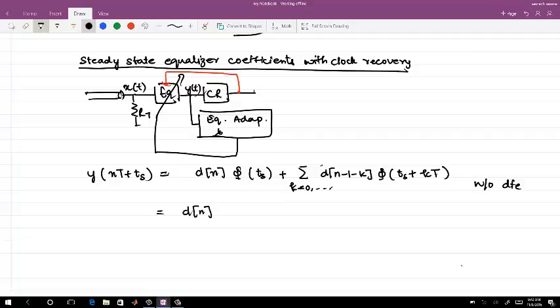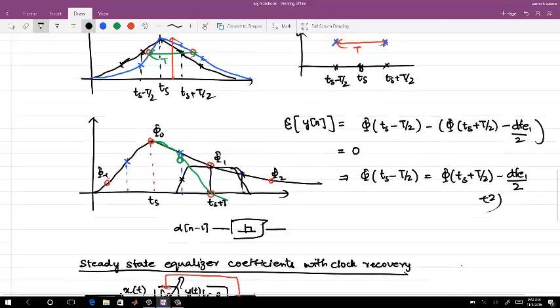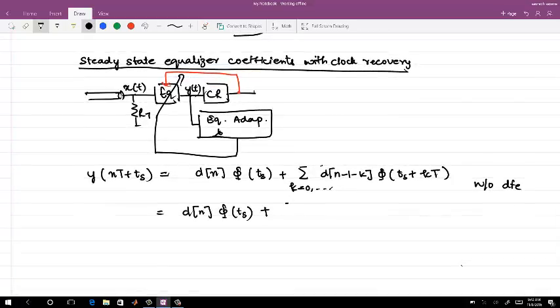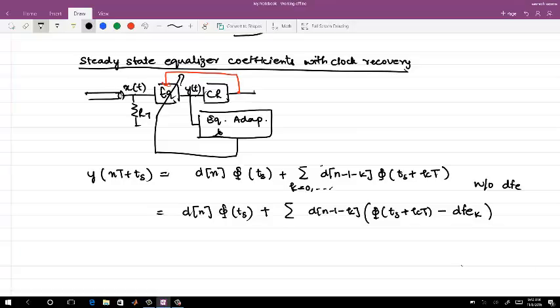You have d[n] phi(Ts). So just look at this waveform. Here, the post cursor ISI, whatever you are getting, d[n-1-k] phi(Ts plus kT) minus, let me write, dfe[k].